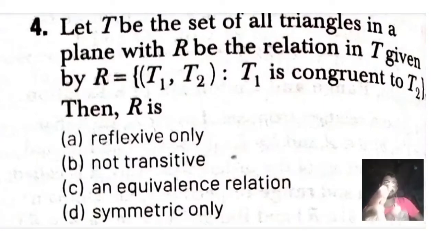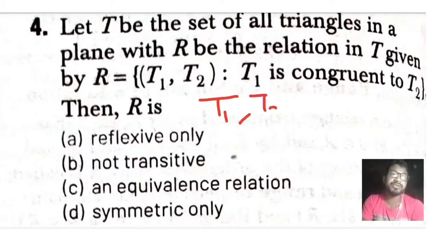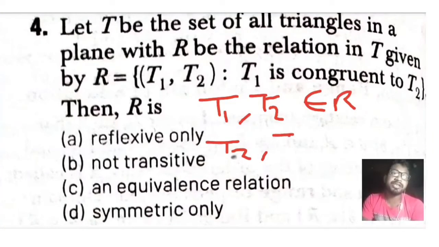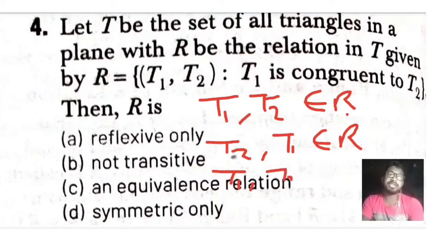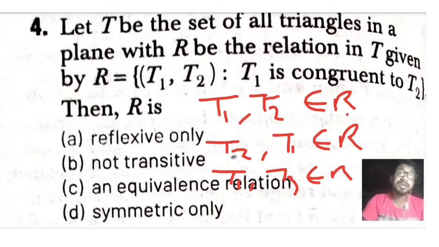Now as this is congruence, if (T1, T2) belongs to R, then (T2, T1) should always belong to R. So this is symmetric. Now if (T1, T2) and (T2, T3) belong to R, then (T1, T3) should also belong to R. So this relation is also transitive.